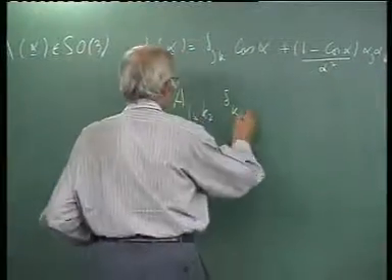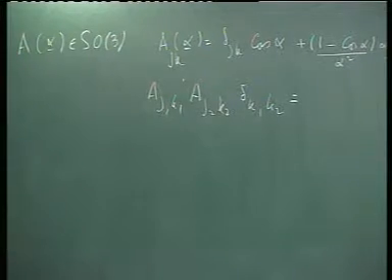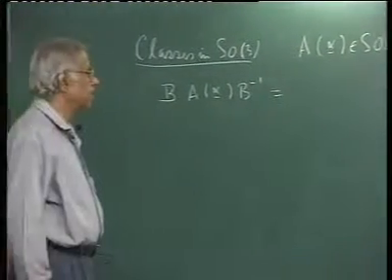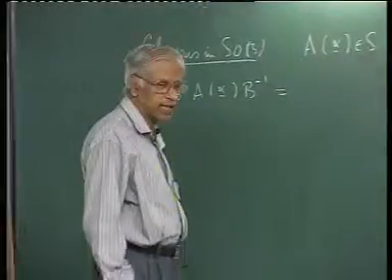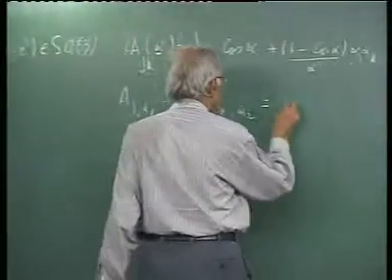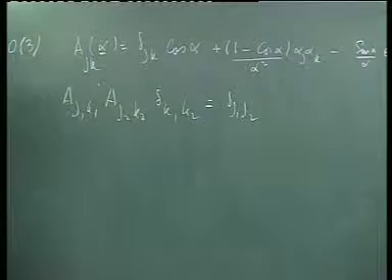Just for me to know who is familiar with these things and for whom this is new. Can you tell me what the right hand side is? There is a summation over K1 and K2 because they are repeated. Delta J1, J2. This is just the expression of the orthogonality relation.